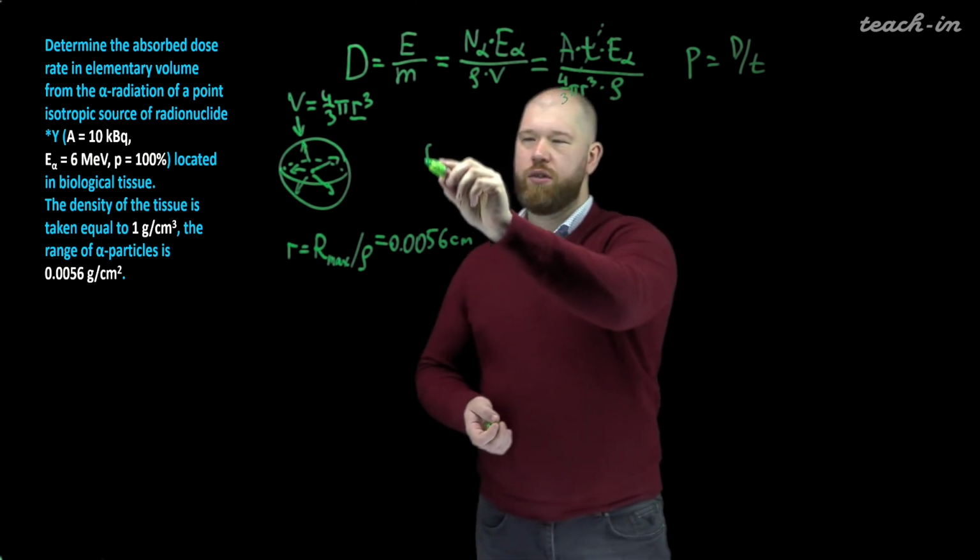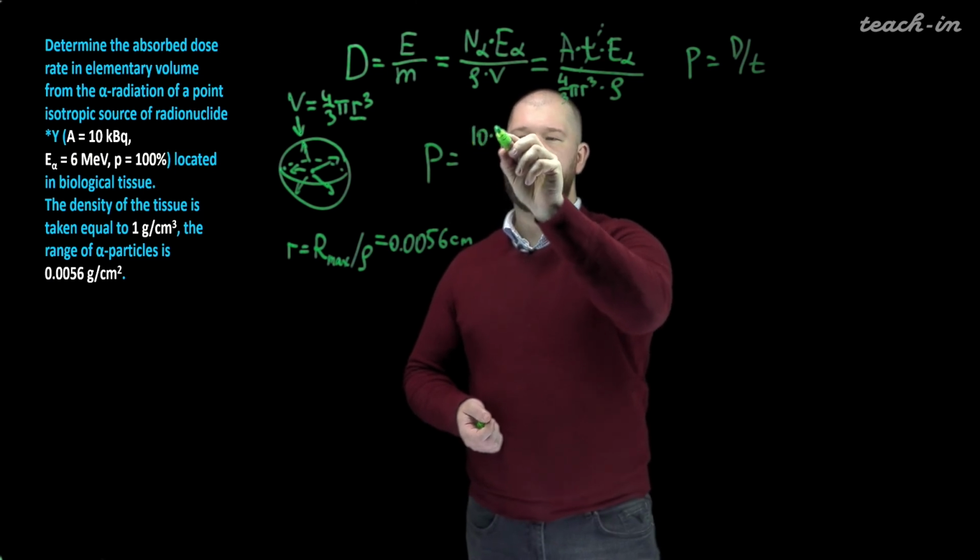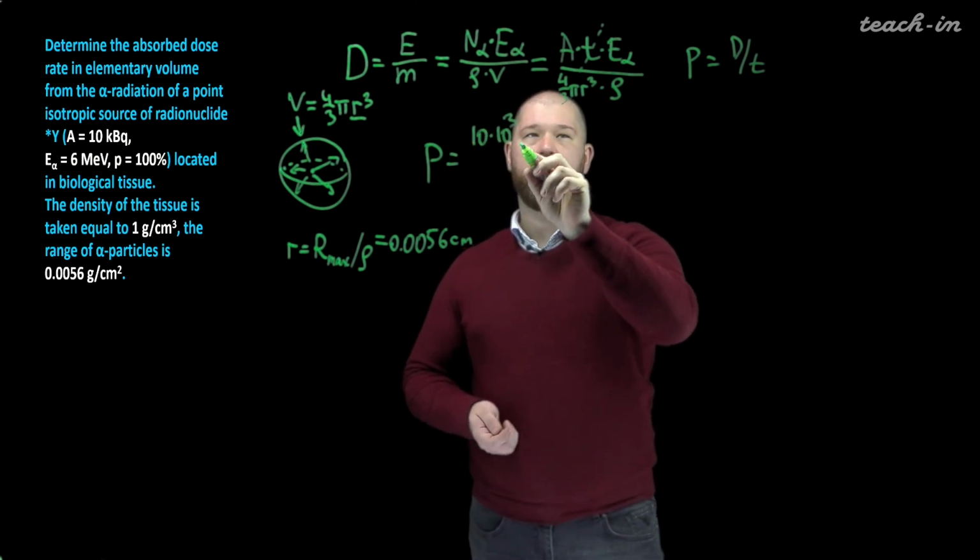So let's calculate it. So it will be activity 10 kilobecquerels, kilo means 10^3.